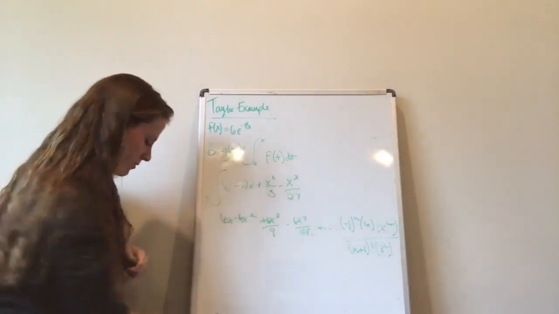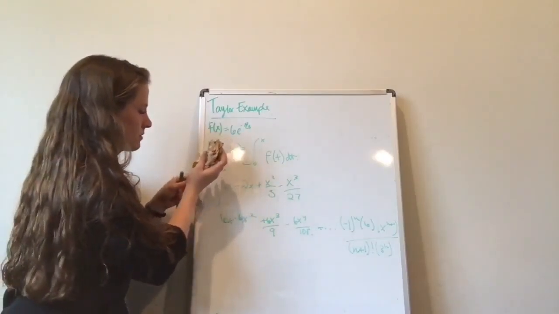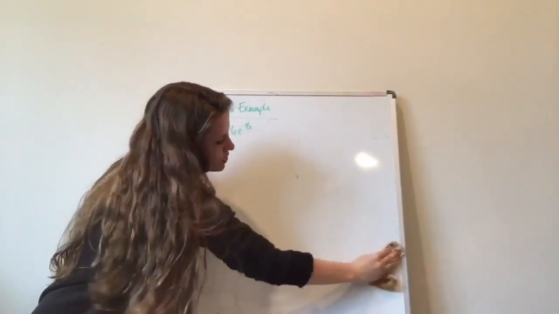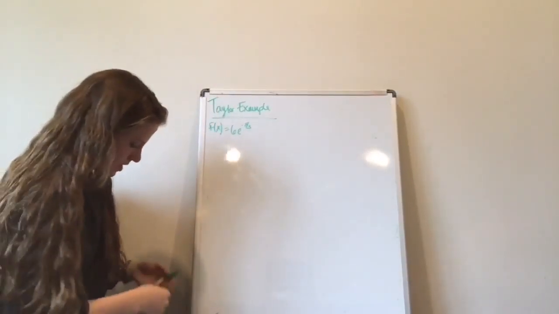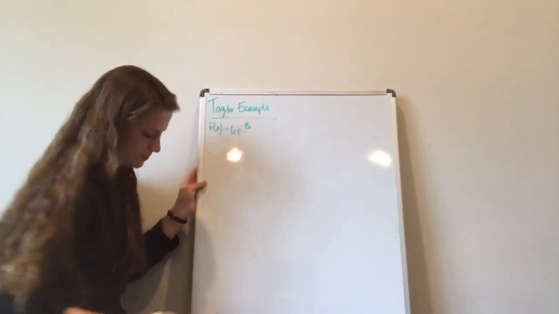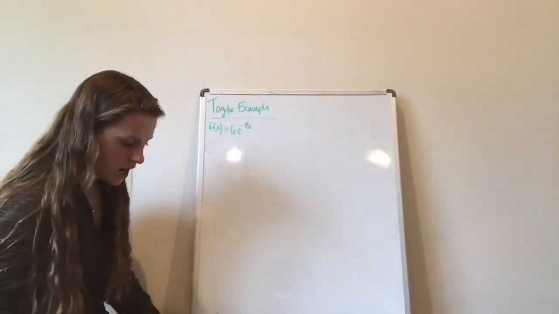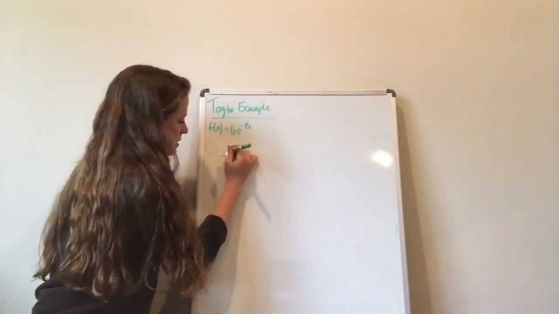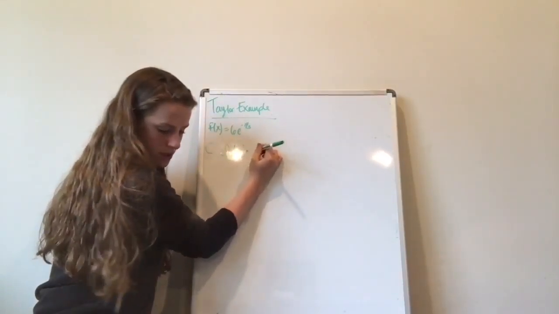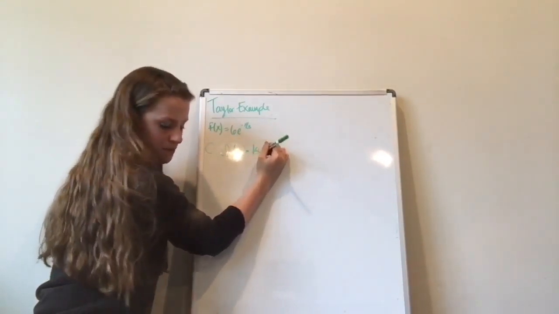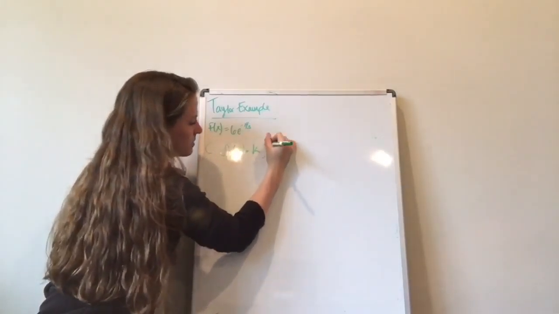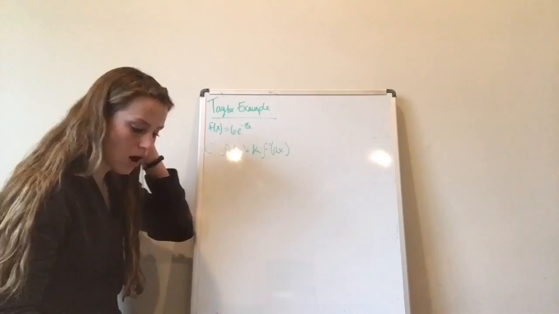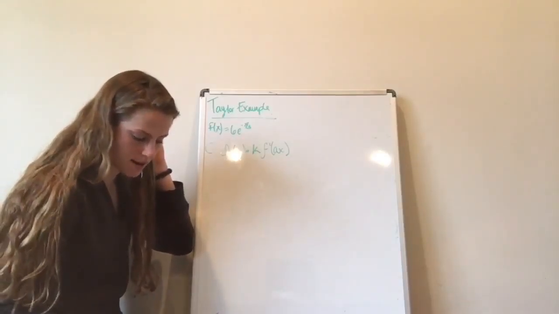And so finally, for part C, it says the function h satisfies this equation: h of x equals k times f of ax, for all x, where a and k are constants.